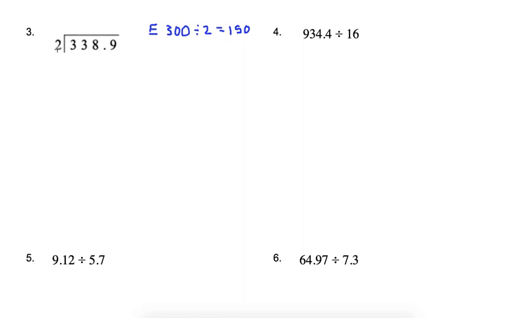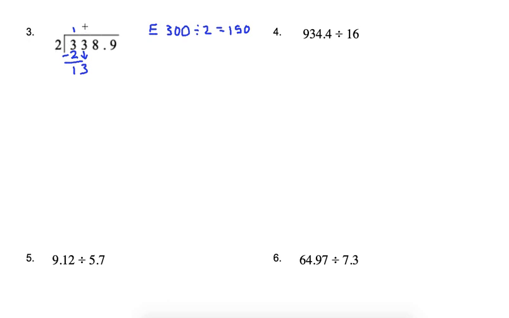How many times does 2 go into 3? It goes into that 1 time. So 1 times 2 is 2. Subtract that down. And now we bring our 3 down. And so how many times is 2 going into 13?